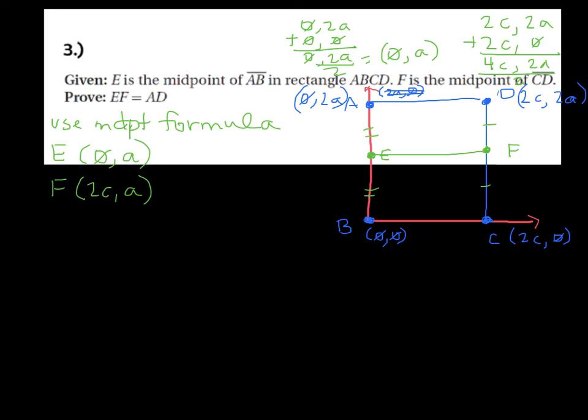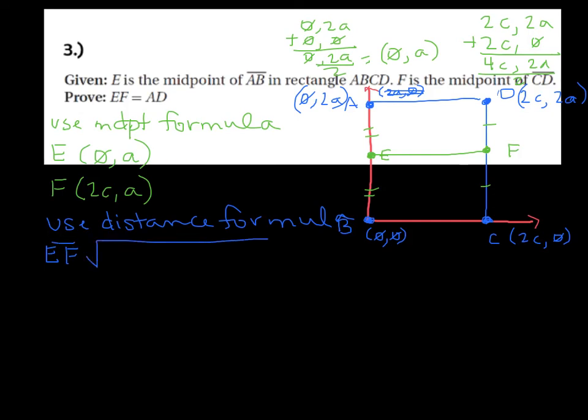So I'm going to now use the distance formula because I want to find the distance between points E and F. So the difference of your x's squared would be 2c minus 0 squared plus the difference of your y's, so a minus a squared. 2c minus 0 squared is going to be 2c squared, and a minus a is 0, and 0 squared is 0.